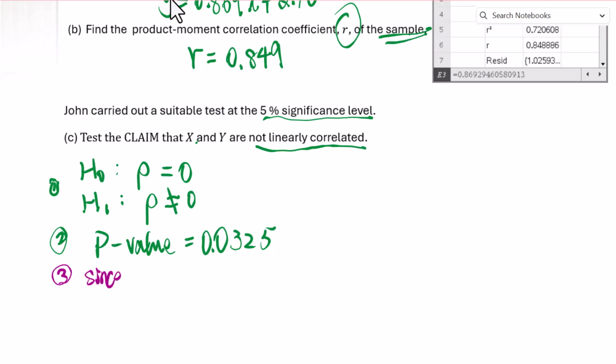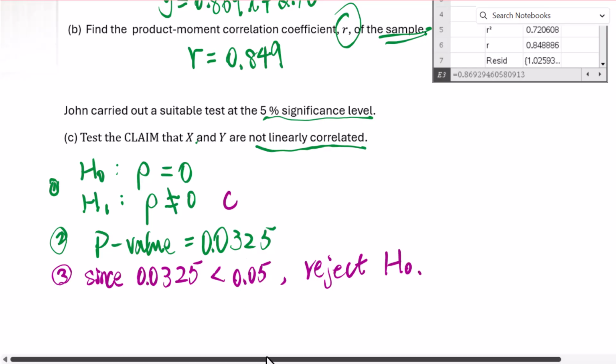Since 0.0325 is less than 0.05, reject H0. We know our claim is H1. Let's check the claim.